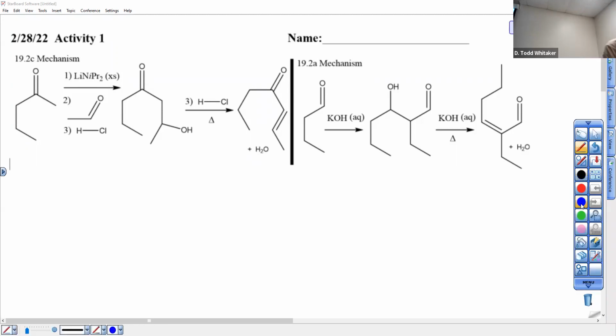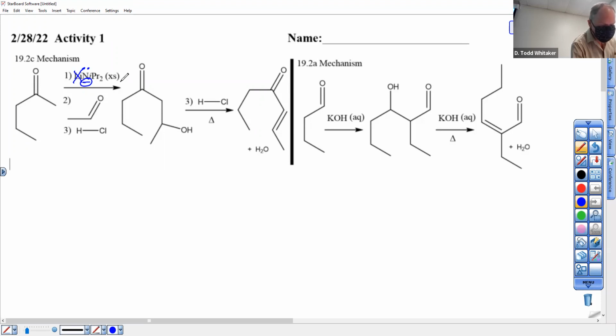Okay, so what we have is lithium as a spectator, lone pair, minus charge, and I have alpha H's in this molecule. I have 5 of them. 3 of them are here. 2 of them are here.